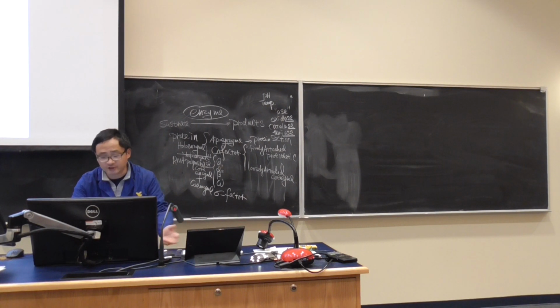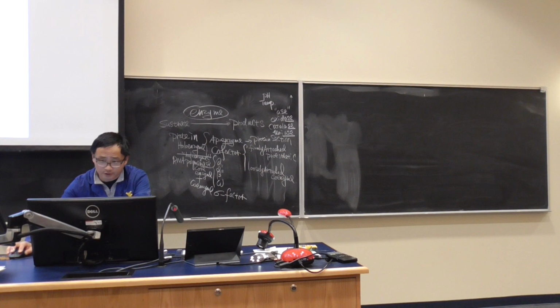What is the major function of the enzyme? It lowers the energy required for the reaction. Originally, you need a higher level of energy. When you add the enzyme, the free energy level is decreased. Delta G0, we want it to be as low as possible. When it is lower, the reaction will happen more frequently, more spontaneously, and more efficiently.